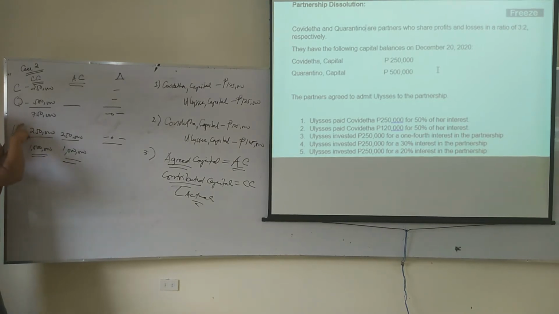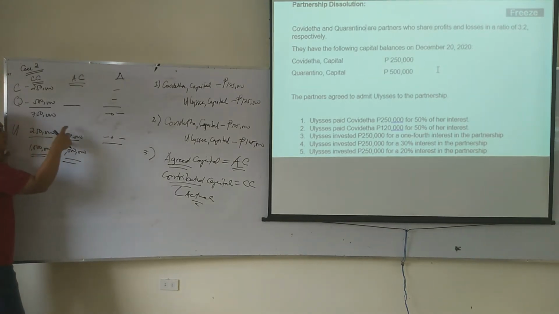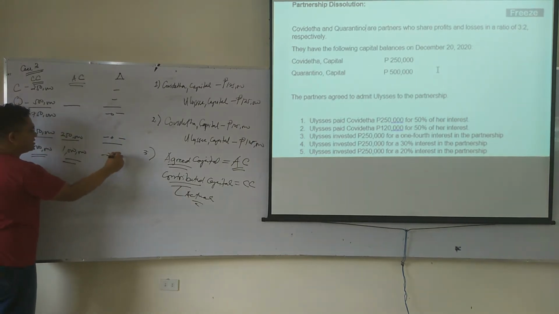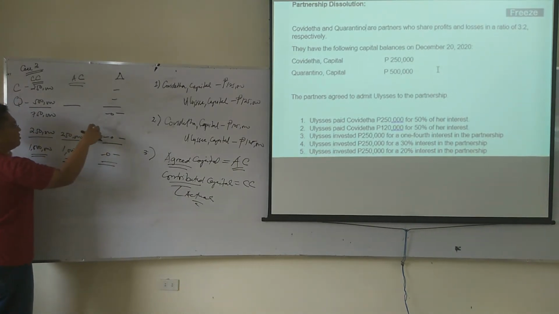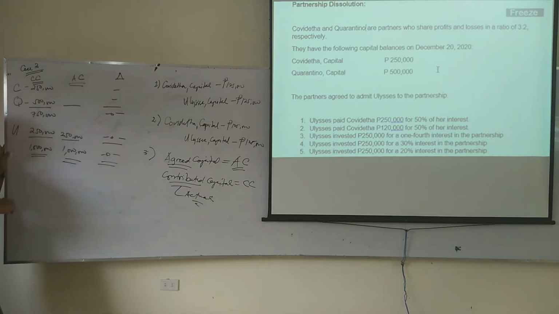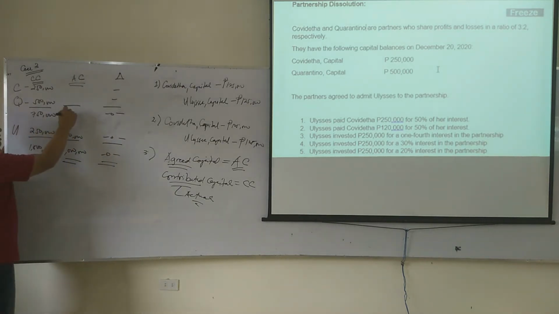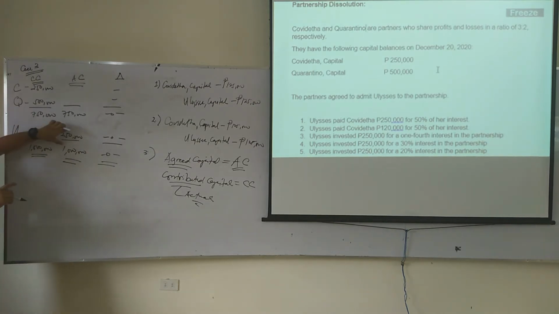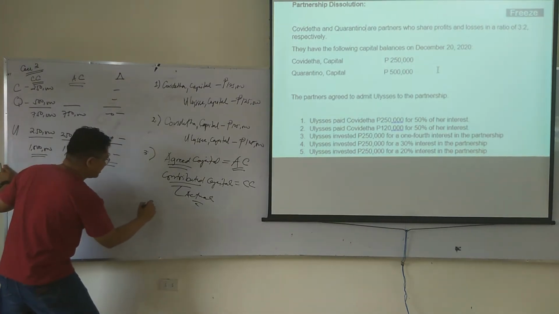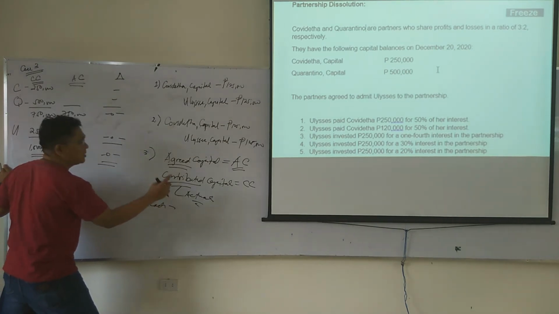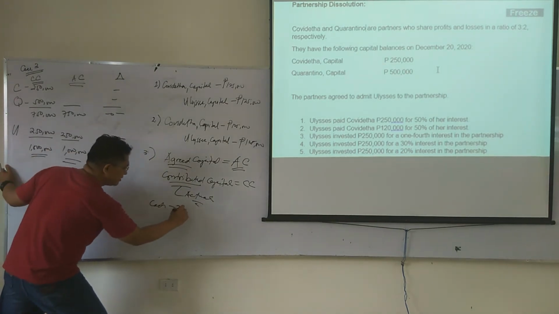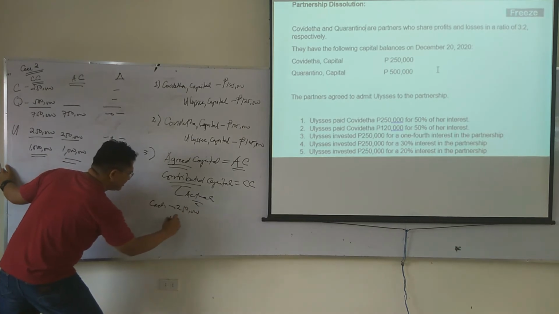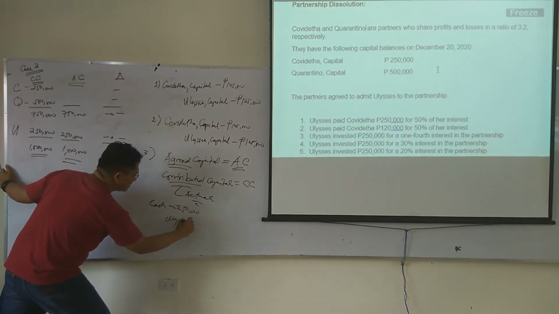The incoming partner's contribution is equal to its agreed capital, so no changes to both old and new partners. Ulysses invested 250 and he was credited for 250. So our entry for number 3 is debit cash because he invested 250,000, and credit Ulysses capital.